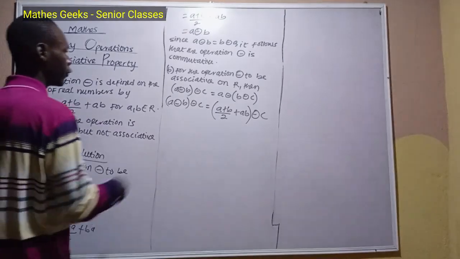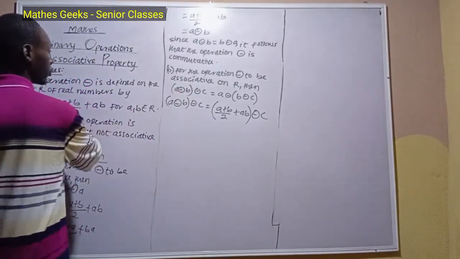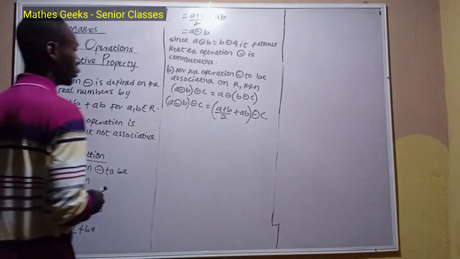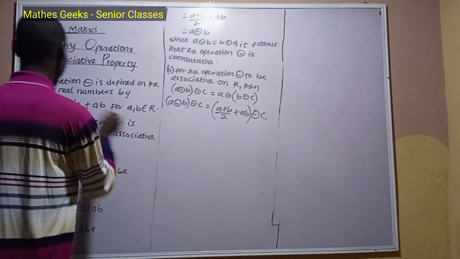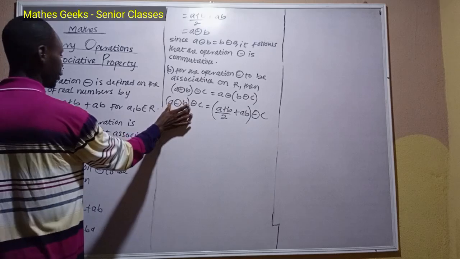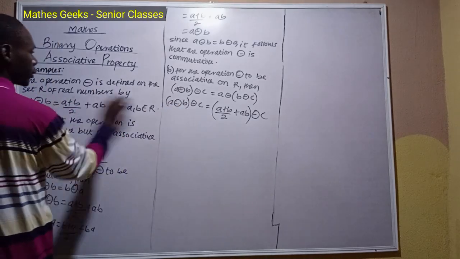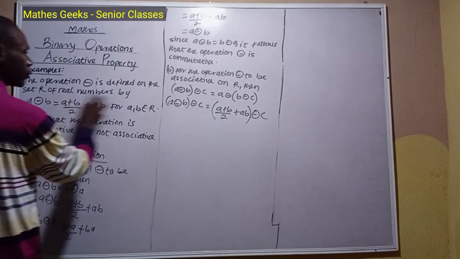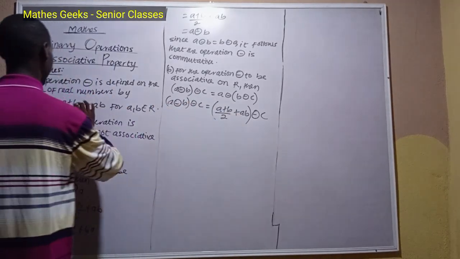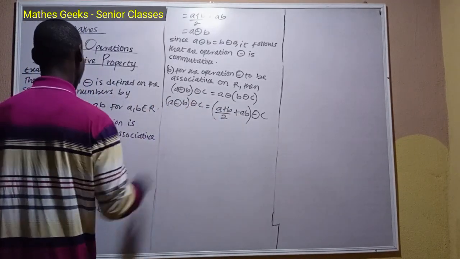If you go by the general rule of combination, A here is A operation B, and B here is C. So from the general formula, A will be this part and B will be C. That's what it implies.